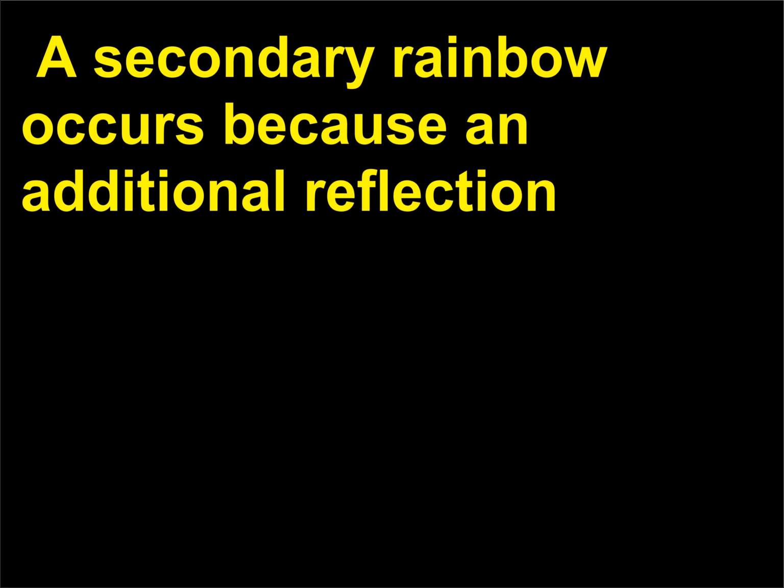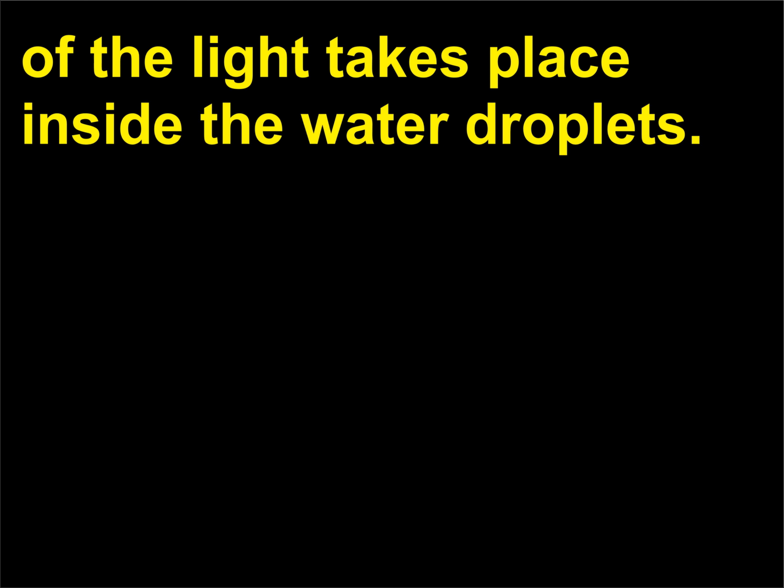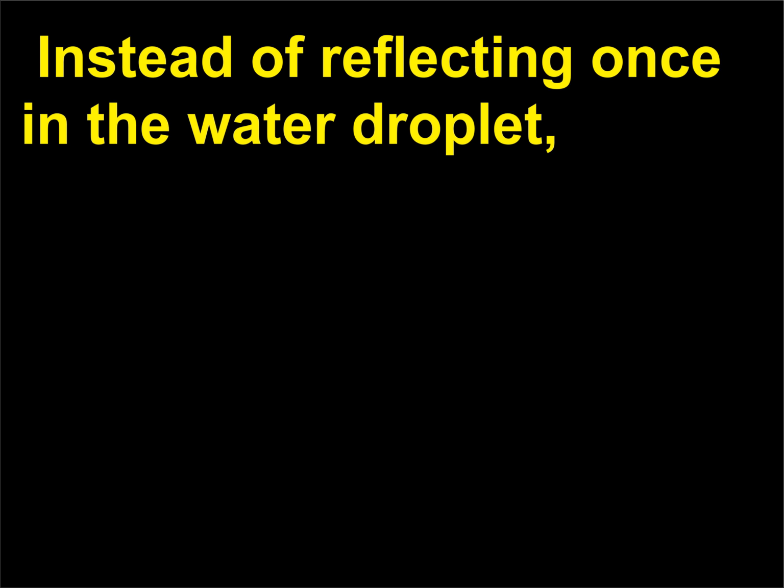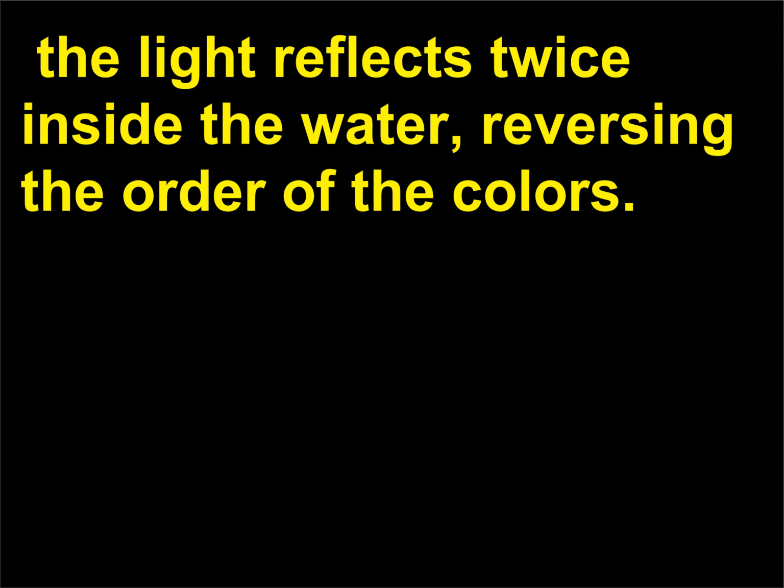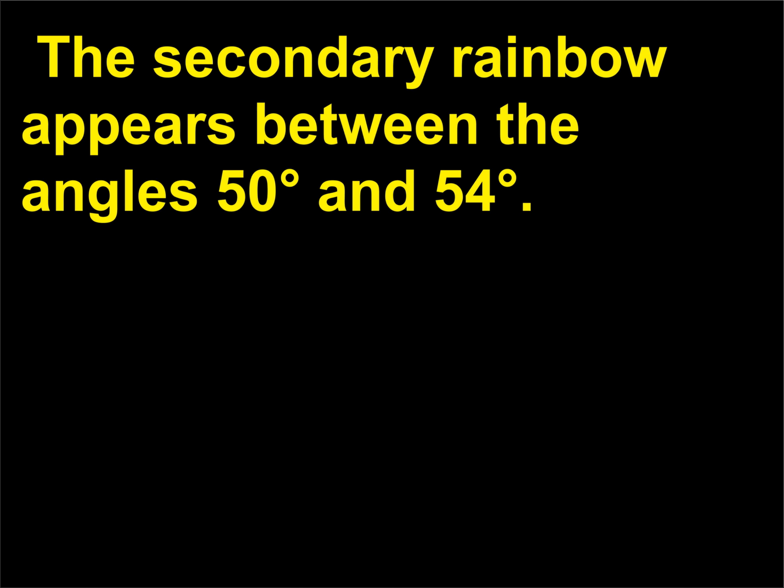A secondary rainbow occurs because an additional reflection of the light takes place inside the water droplets. Instead of reflecting once in the water droplet, the light reflects twice inside the water, reversing the order of the colors. The secondary rainbow appears between the angles 50 degrees and 54 degrees.